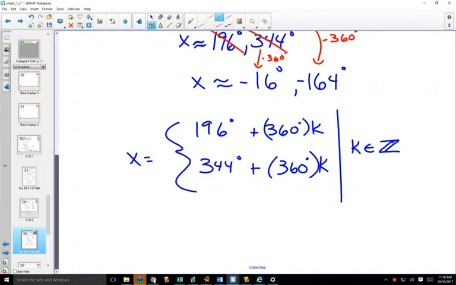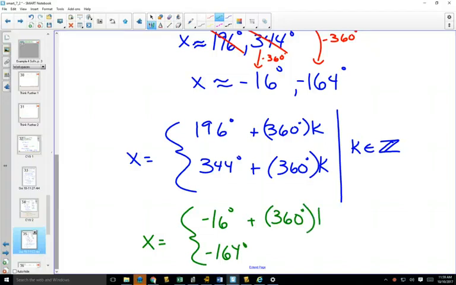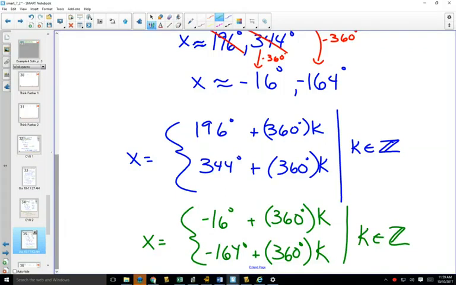Question: if I had written this, the green, would it be wrong?